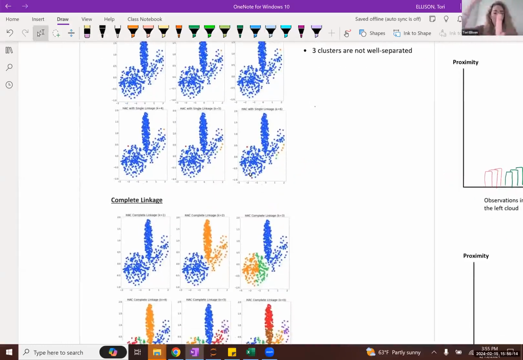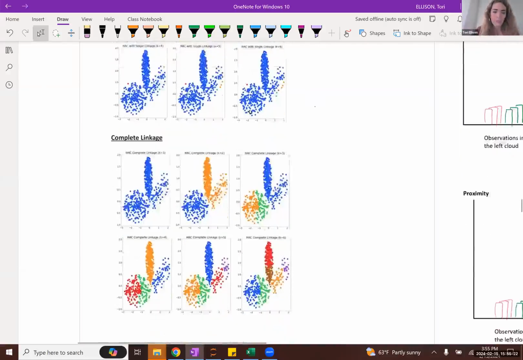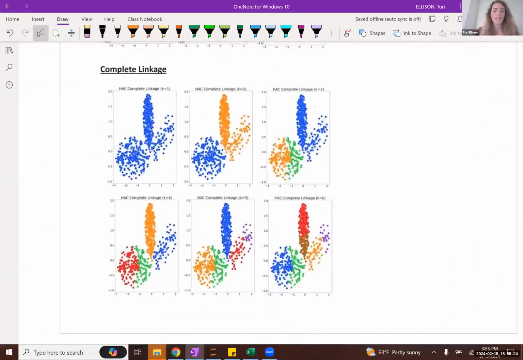We know that complete linkage has sort of this opposite effect. It tends to be better at identifying the clusters that single linkage isn't. But unfortunately, what we can see here is that complete linkage also did not identify the three clusters that we would be looking for. So all this together, all this together, and all this together.